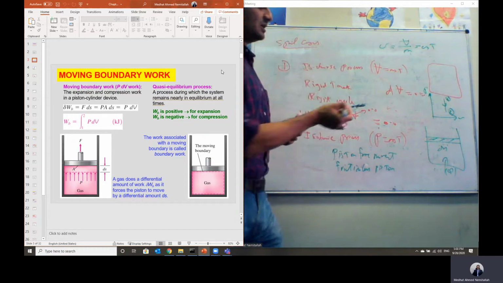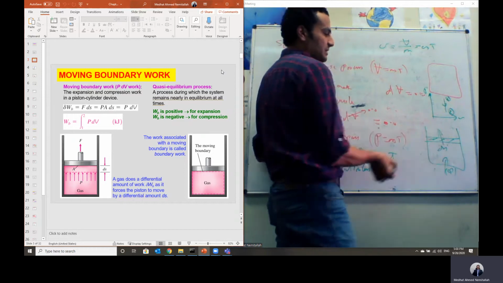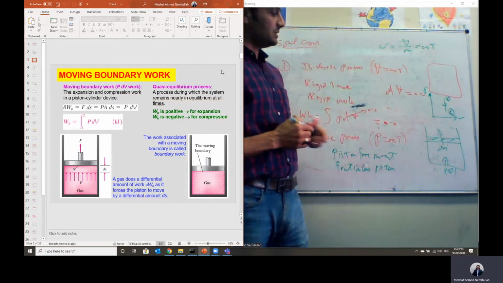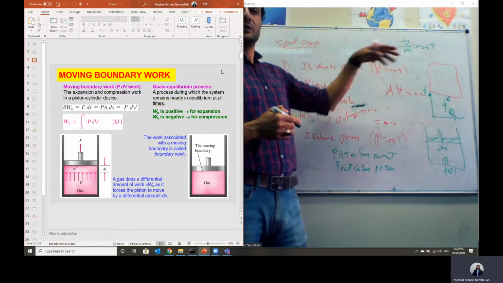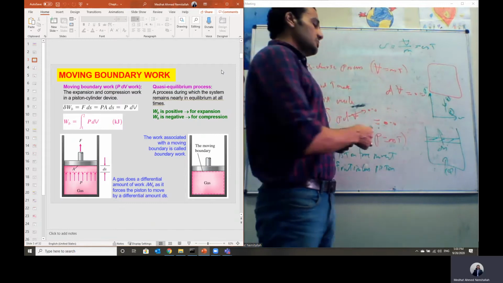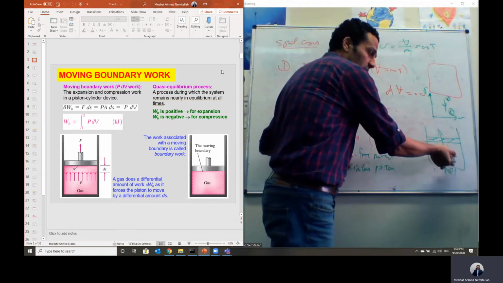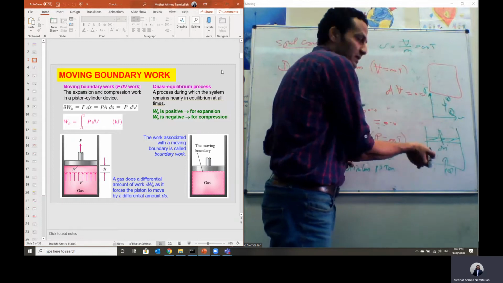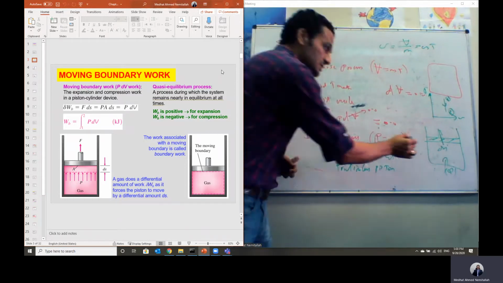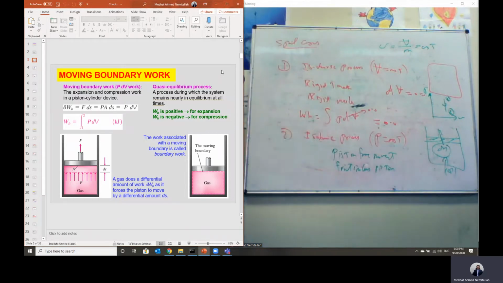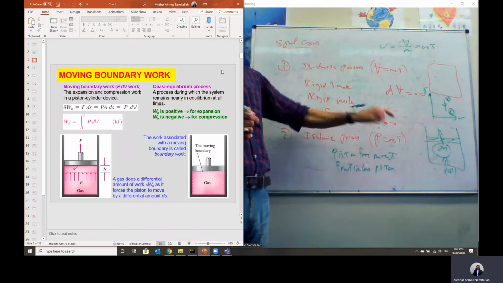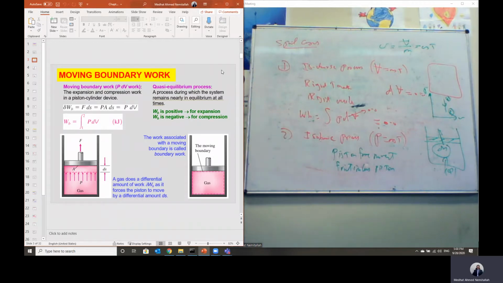Frictionless piston means this piston is moving freely. So as we add heat, the piston has the freedom to move, the gas will expand, and that's why the pressure inside this piston cylinder device remains constant.